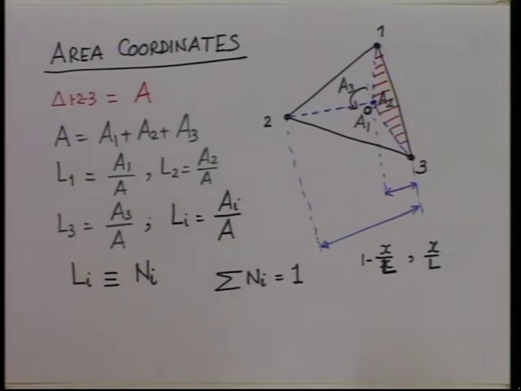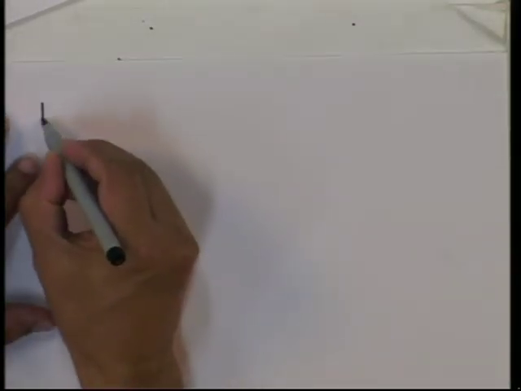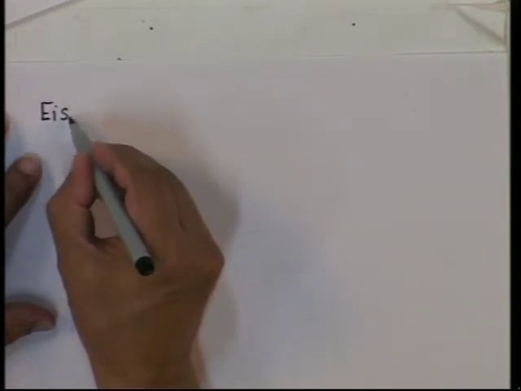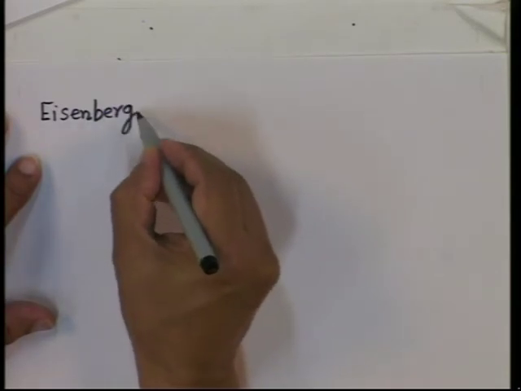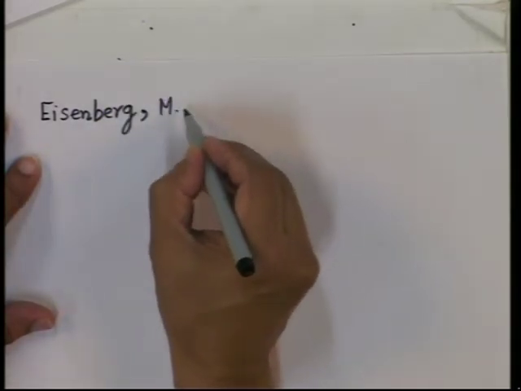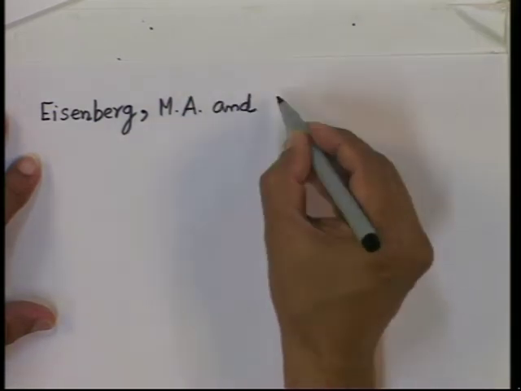So, this helps us, and there is a paper. Now, this was done by a mathematician, because when engineers confronted this problem, there is a paper by Eisenberg and Malvern.